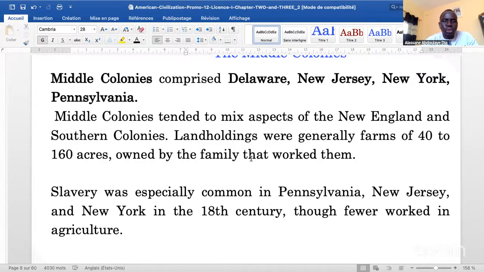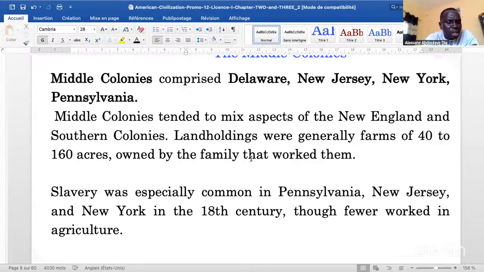And another issue is that slavery was especially common in Pennsylvania, New Jersey, and New York in the 18th century, though fewer worked in agriculture. So what does it mean? Even though agriculture was not very much developed, Pennsylvania, New Jersey, and New York were characterized by the presence of slavery.